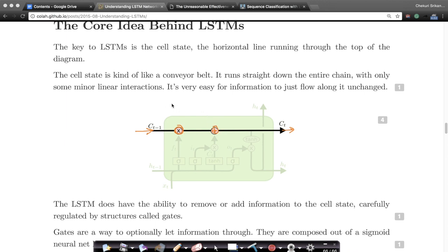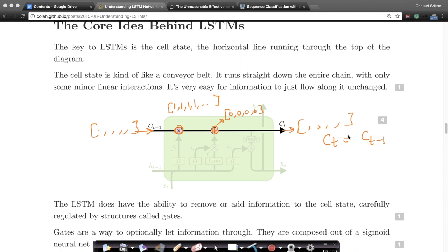If my pointwise multiplication operation is a vector of all ones, and my pointwise addition operation is a vector of all zeros, what happens? Then my CT is equivalent to CT minus 1, because if I multiply every element by 1 and add 0 to it, I get the same element.